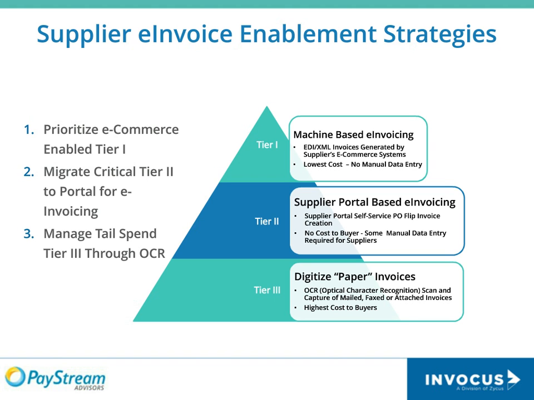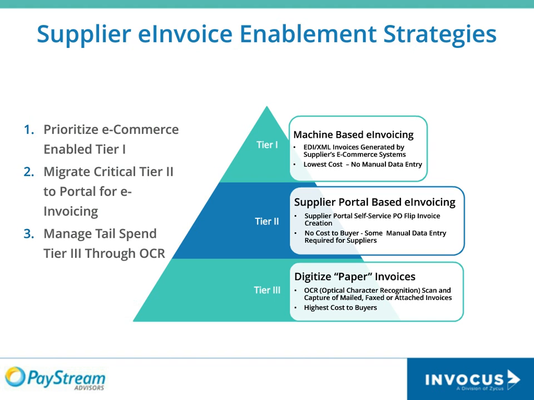And quite frankly, this would be the lowest hanging fruit to go after. Because they're very sophisticated from a technology standpoint, they're going to be those suppliers that can be onboarded most quickly in all likelihood. Not only that, they're probably going to represent a disproportionate share of the overall invoice volume.